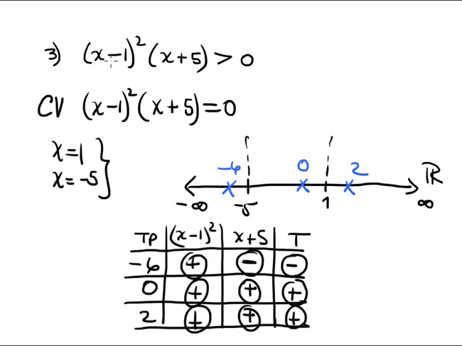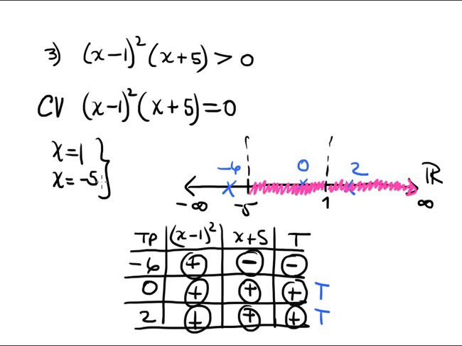Well, the true part obviously is this part and this part, because our inequality is greater than 0. Then the solution is this interval and this interval.